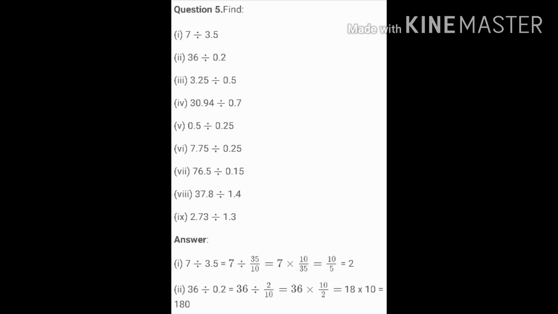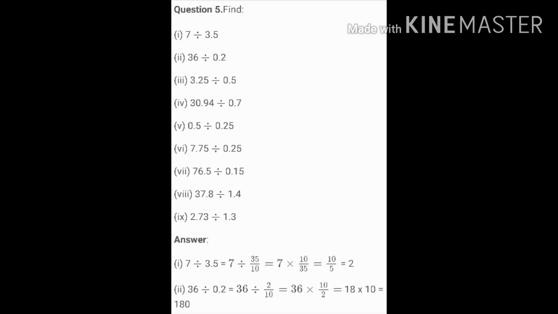In the remaining parts, the divisor is also a decimal number and the dividend is also a decimal number. So to remove the decimals of both the numbers, as I've told you about the rule in the beginning, we have to change this into the fraction, and according to the number of places of decimal, going to continue with the solution in the similar manner as we are solving the other parts.